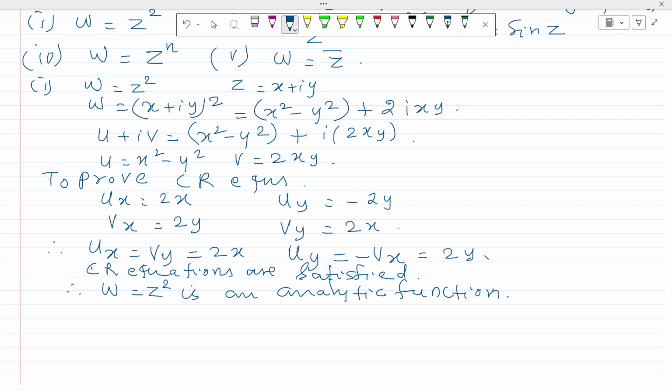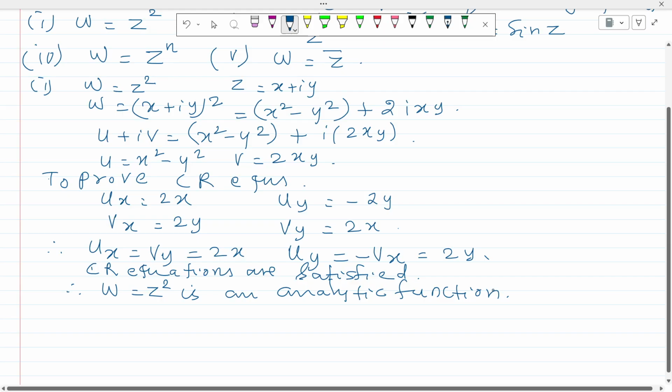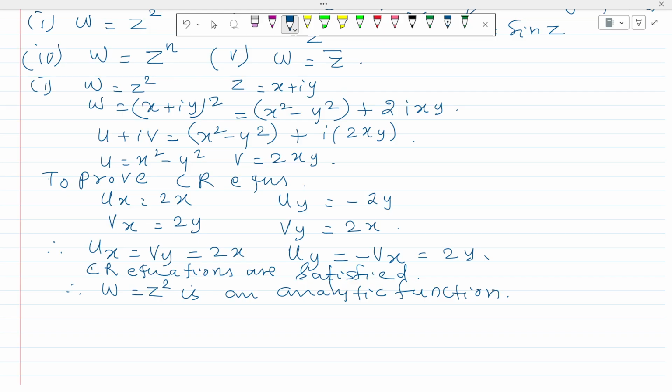Here you have to do the differentiation very carefully. Differentiation is important. If you do the differentiation properly, then easily you can verify the CR equation. So what is the CR equation here? ux equal to vy, uy equal to minus vx. Very simple problem. Okay.